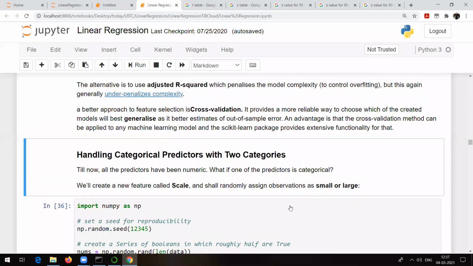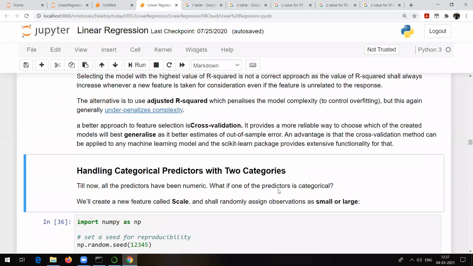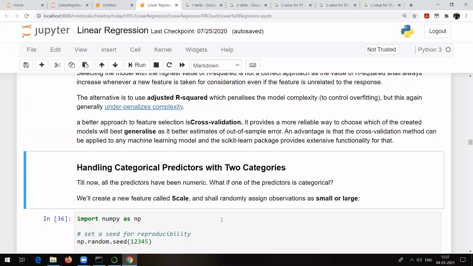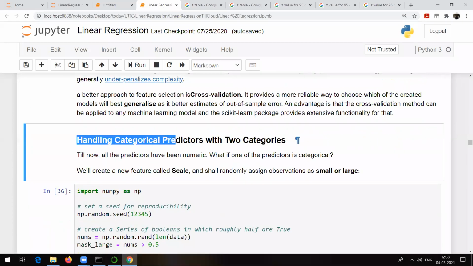Okay. So this is all about model confidence, confidence interval, p-values, hypothesis testing, and all that. Now, coming to a simple example, or to the concept of how to handle categorical predictors with two categories. What do you understand by categorical predictors, categorical values? Let's suppose there is a column like gender. The gender column has two values, male and female.